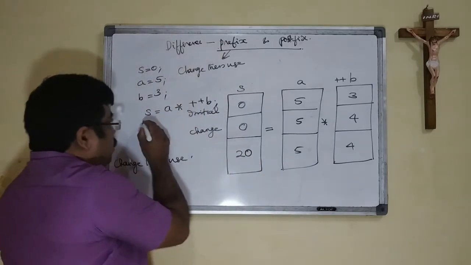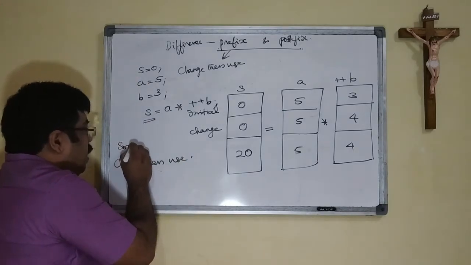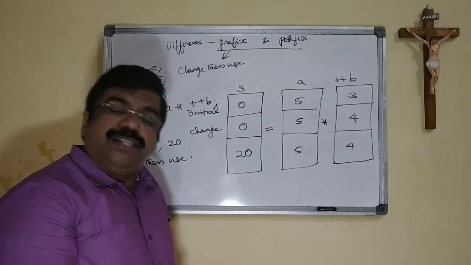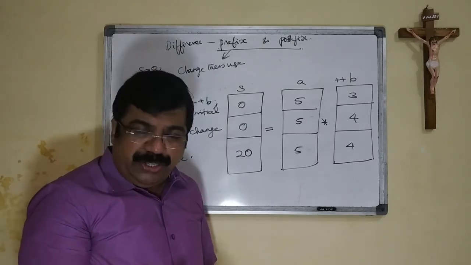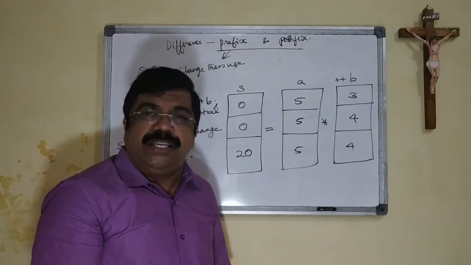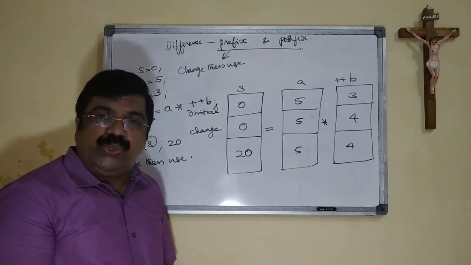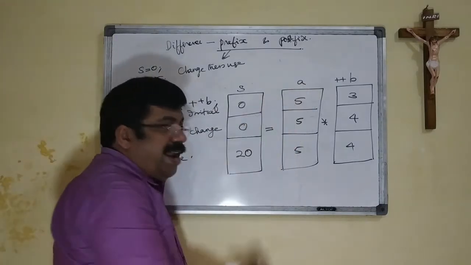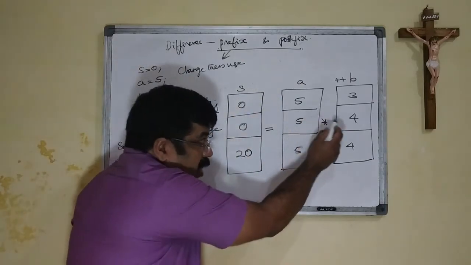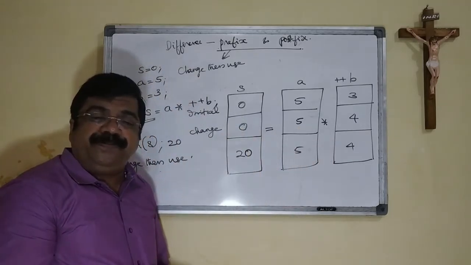The final result stored in S will be, when you give SOPLN, yes, the value printed as 20. The reason is that our prefix increment or decrement operator is following the principle of change, then use. The variable which had the prefix operator is changed first, then only it is used.